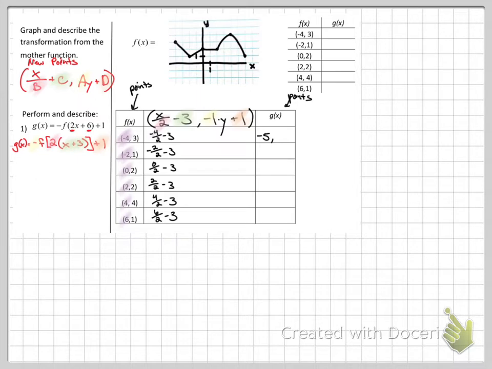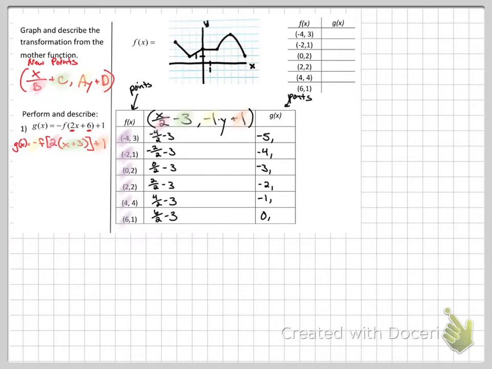See if you can do the math on all of those and find all the x values. So by doing that, we find all the x values.